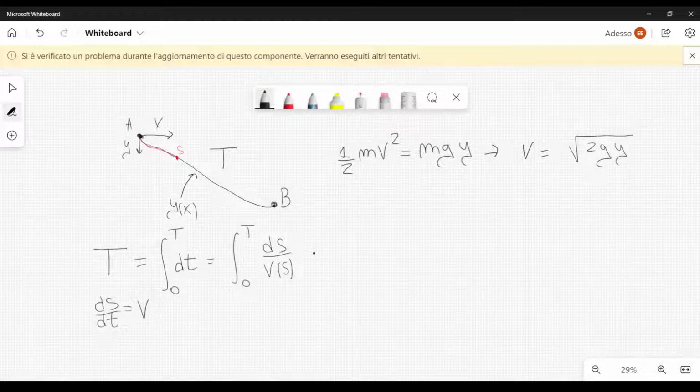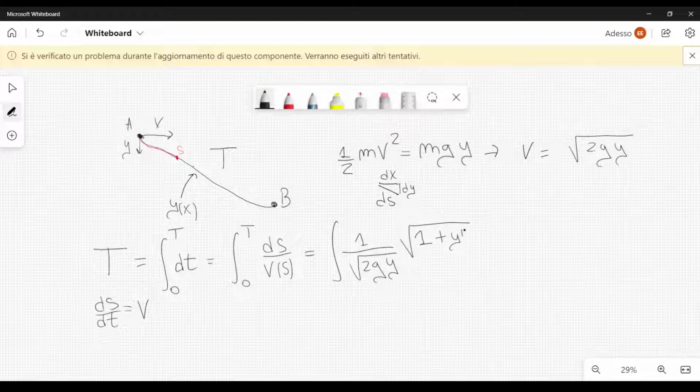And from here, we can also rewrite this integral like this, integral of 1 over v of s, which is 1 over square root of 2gy, and then we can rewrite ds like this, because ds can be rewritten considering the two projections of the s. So we have dx here and dy here. So it is the square root of dx squared plus dy squared, and if you factor out dx squared, you can rewrite this as 1 plus y prime squared dx, like this.